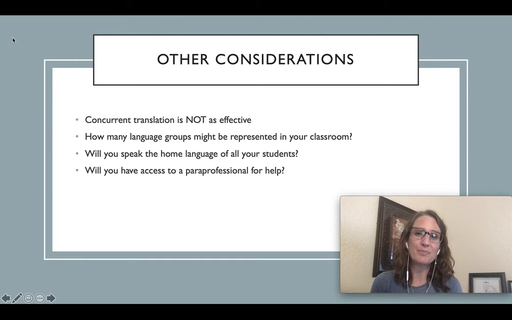Imagine that, 15 different home languages. You as a teacher are not going to speak all 15 of those languages, as hard as you might try. And you're not going to have paraprofessionals for each of those children either. And so concurrent translation, even if you wanted to do it, would not be an option for you.